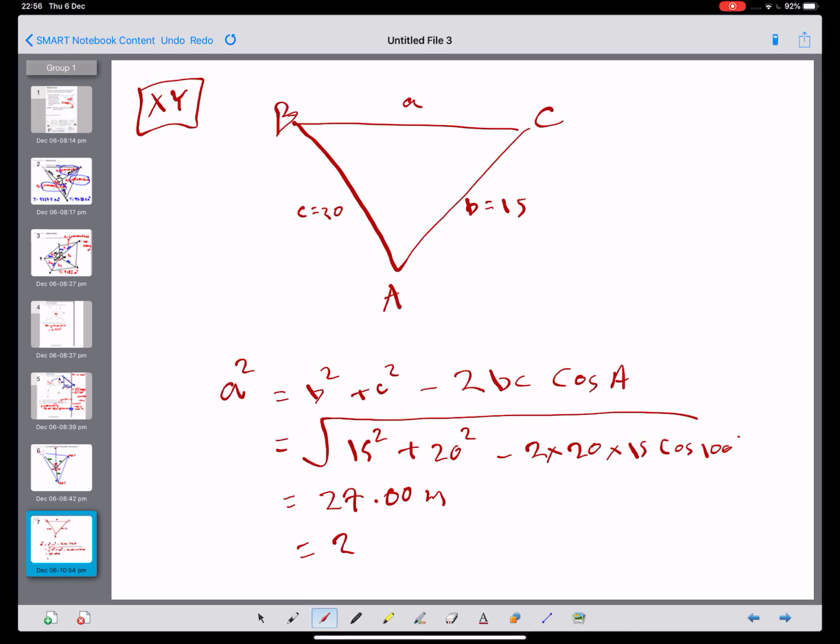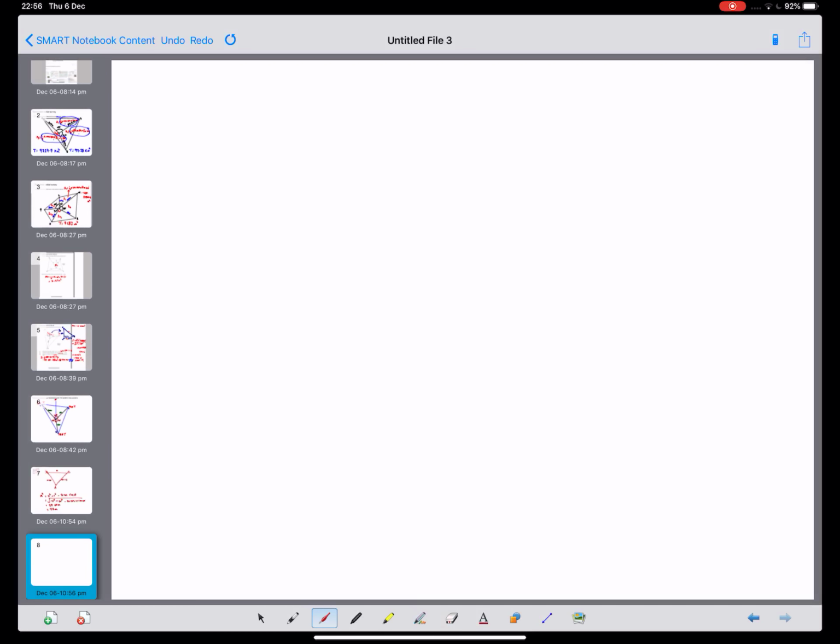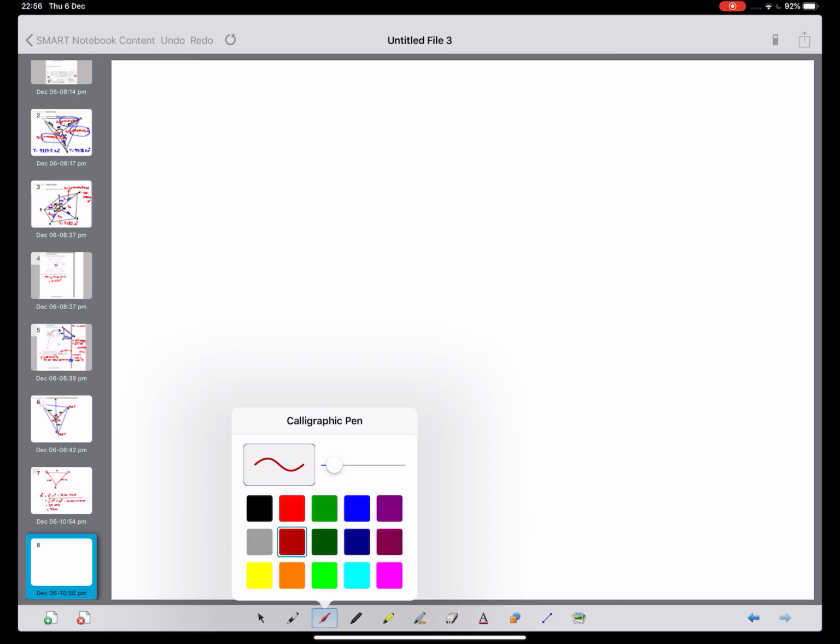To the nearest meter, that's going to be 27 meters. Okay, so let's consider the other distances. Okay, we need to do YZ. Let's do that then. Let's do this in green.